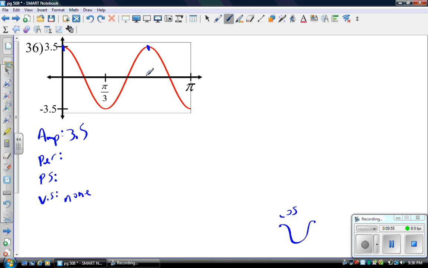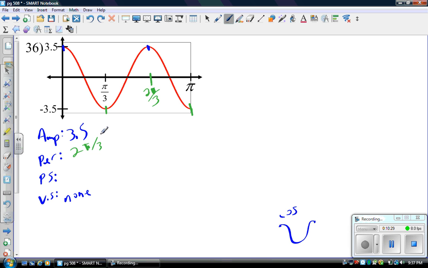If this is pi over 3 and this is pi, right in the middle here, that has to be 2 pi over 3, because 1/3, 2/3, I'm sorry, 3/3. So if you look at it from this valley to this valley, the length is 2 pi over 3. Or if you look at it from this peak to this peak, the length of that is 2 pi over 3. It doesn't matter how you look at it. So either way, period, 2 pi over 3.